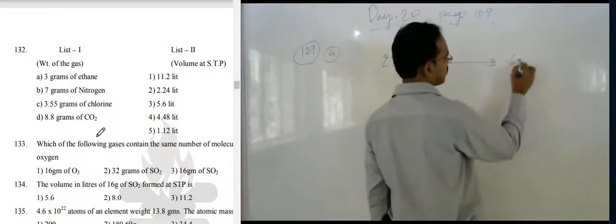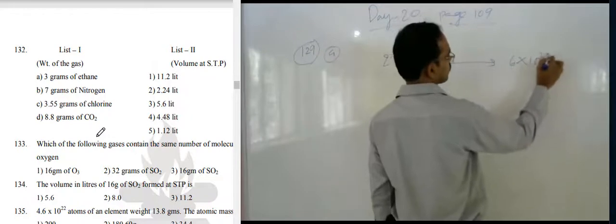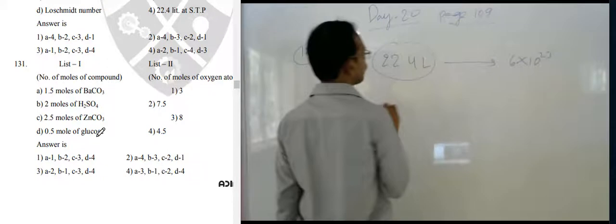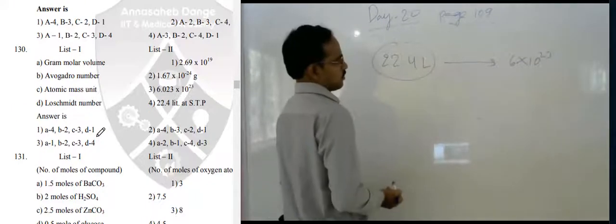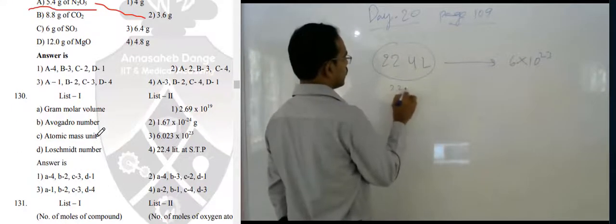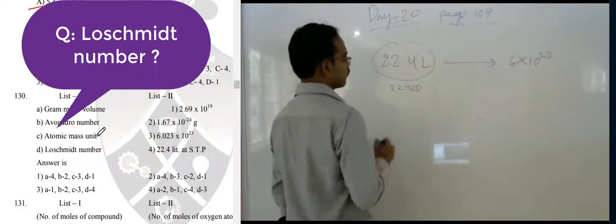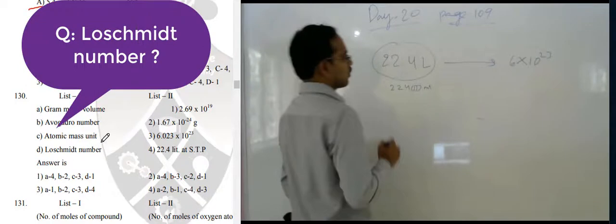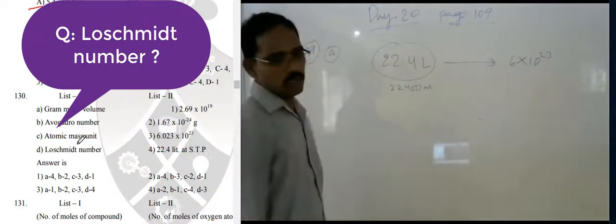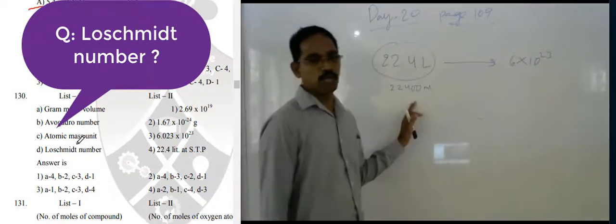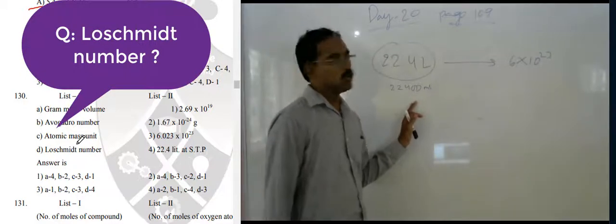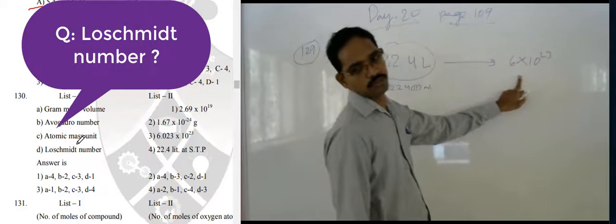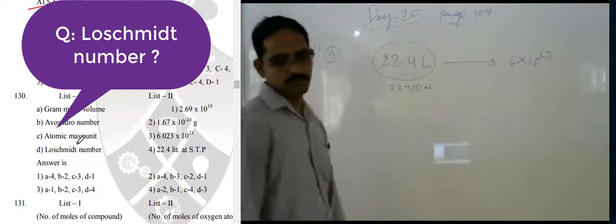Approximately 6 into 10 power 23. Okay, 22.4 liters, if I write in ml, 22,400 ml. In 22,400 ml of volume, 6 into 10 power 23 molecules or atoms are present.